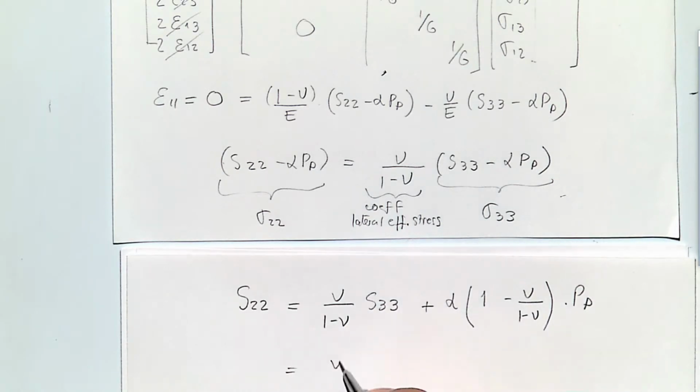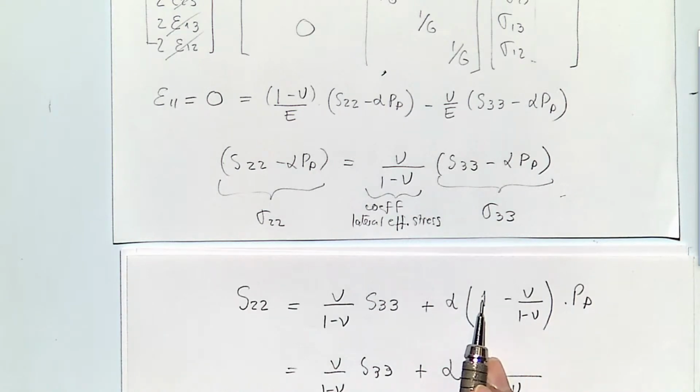I think it's okay. And this one is going to be equal to common factor this thing, and this is going to be 1 minus Poisson ratio, 1 minus 2 Poisson ratio.